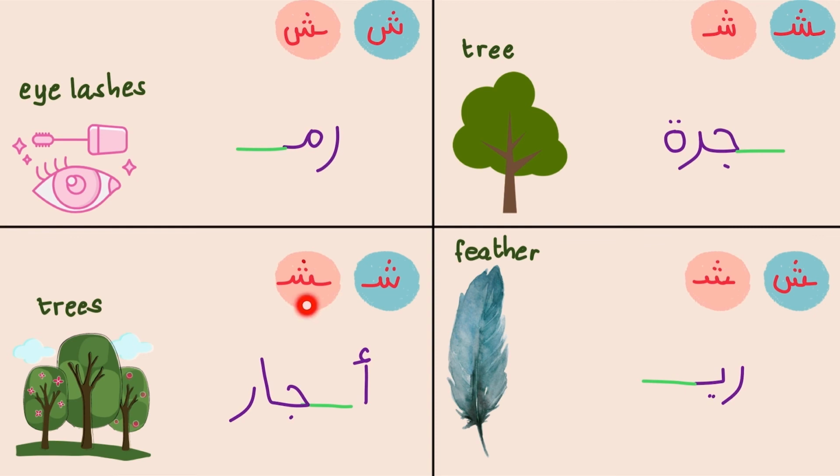We know that this is the Sheen used in the middle to connect with the letter before and after. But will we use this one or this one? You are right, we will use this one because the letter Alif does not join hands with the letter after it. Ashjar.